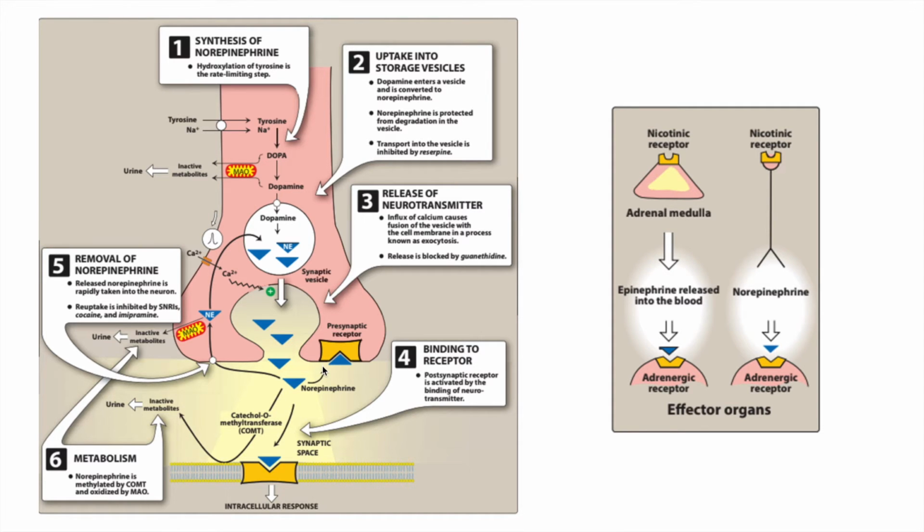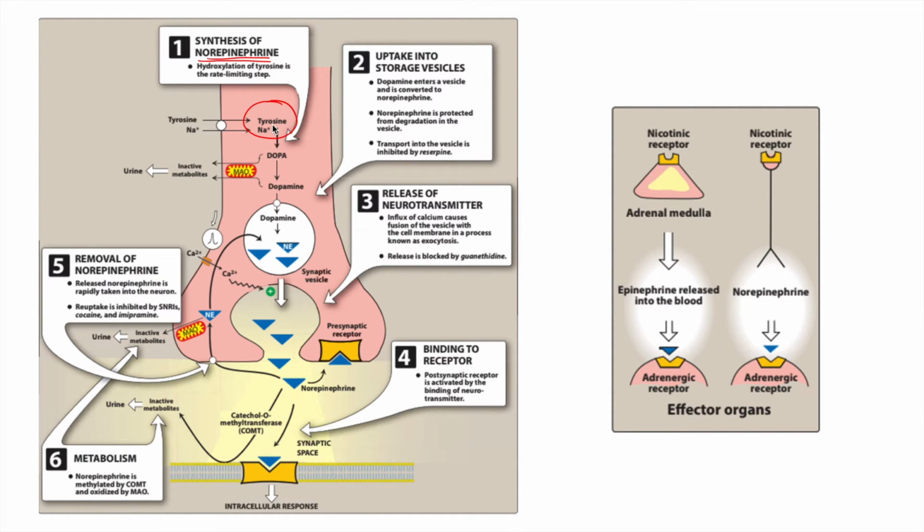Okay, so one of the most important concepts, especially back in the cholinergic lecture, as well as this, we need to understand how they come to be. Now, why do we need to do this? We need to understand where all the drugs act. That's why this is important. So let's take a look at our train of events right here. First of all, we need to know how norepinephrine is synthesized in our body. It's synthesized by a reaction called hydroxylation of tyrosine.